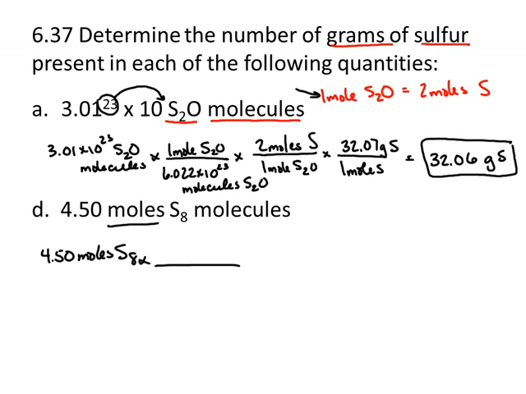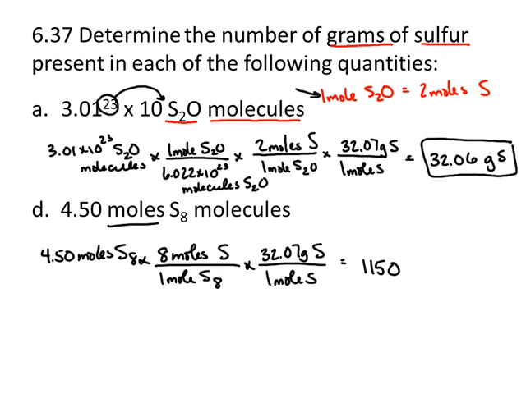So in 1 mole of S8, I have 8 moles of S. And from our earlier work, we know that 1 mole of S is 32.07 grams of S. So 4.50 times 8 times 32.07. Whoa, that's a big number. I have 1154.52, but I can only have 3 sig figs, so it's going to be 1150. That last zero is a placeholder for me, grams of sulfur.